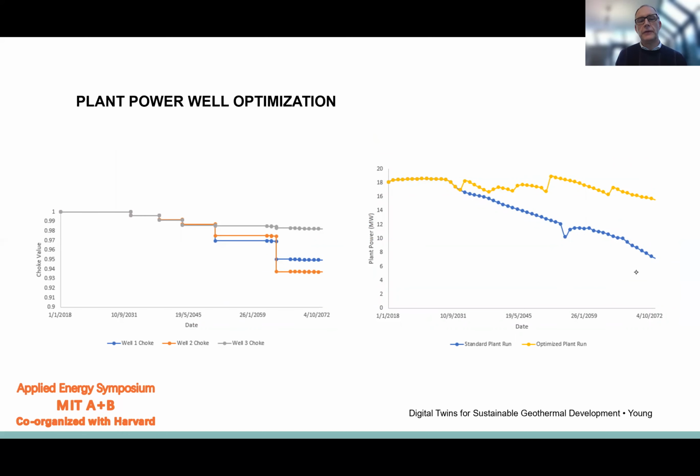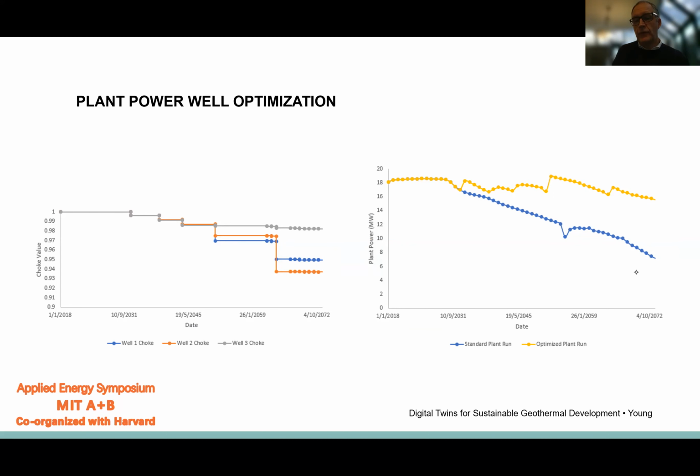So what we found is that over time, and here we are projecting many years into the future and future life of the field, through judicious choking back of the wells, we could actually understand better how the reservoir and the plant is communicating through the use of this validated digital model, and optimize so that we could actually continue operating at our desired power output over a much longer period than the standard plant conditions would indicate.